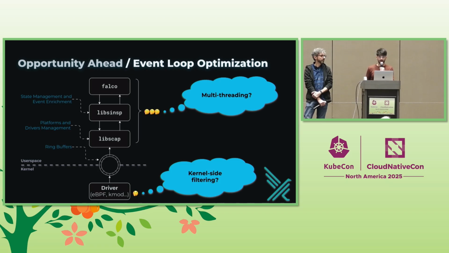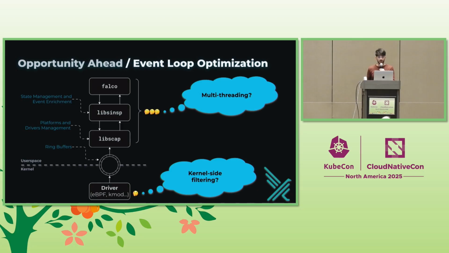As I said, we already have a kernel-side filtering. It is a light form of filtering because, differently from other tools, Falco is able to load hundreds of policies without affecting the performance of workloads too much, and a heavier form could impose overheads on these workloads. But we are still open to a different kind of kernel-side filtering.